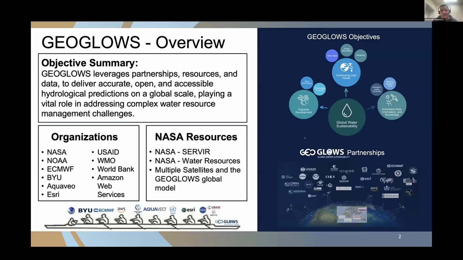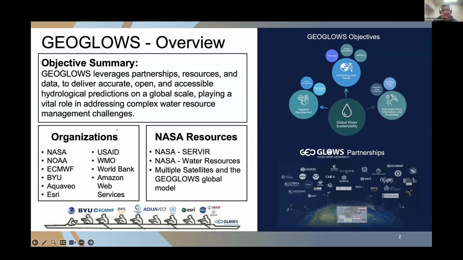The GeoGloWS initiative objective is to leverage partnerships, resources and data to deliver accurate, open, and accessible hydrological predictions on a global scale, playing a vital role in addressing complex water resource management challenges and developing capacities inside the partners, but also inside the communities.